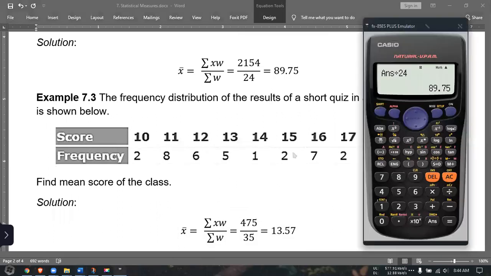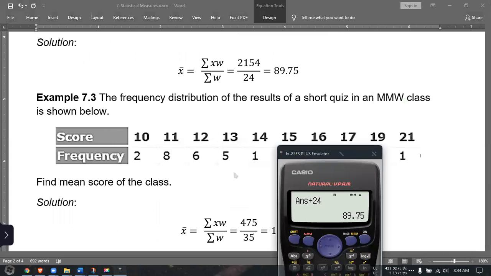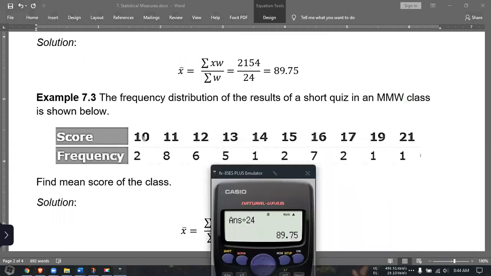Calculator ulit. 10 times 2 plus 11 times 8. 20 plus 88, plus 12 times 6, plus 13 times 5, plus 14 times 1, plus 15 times 2, plus 16 times 7, plus 17 times 2.